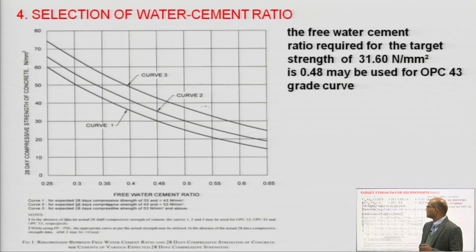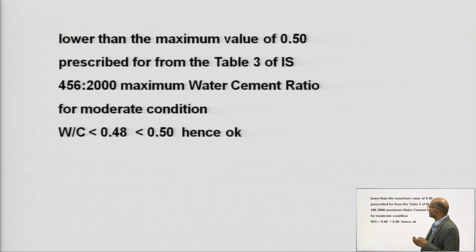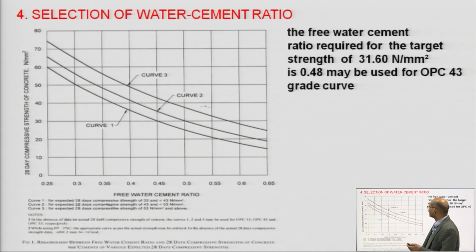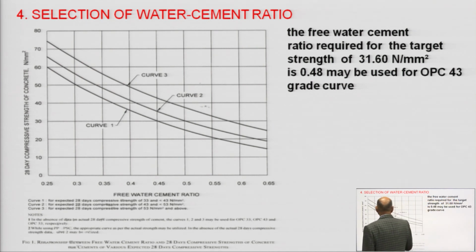Then we have the selection of water cement ratio. The water cement ratio is also a very important parameter here, because it depends on the type of cement. We have 3 types of cement. For 33 grade cement, this is the curve.